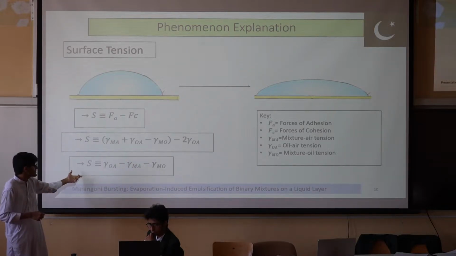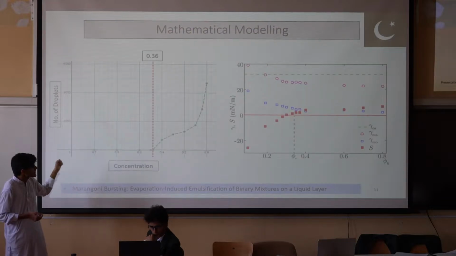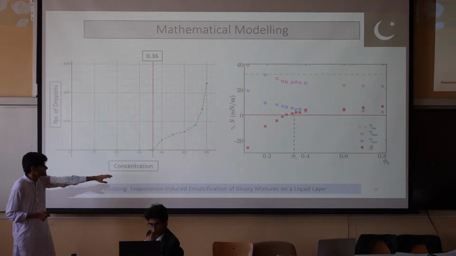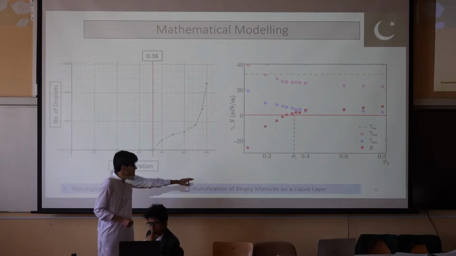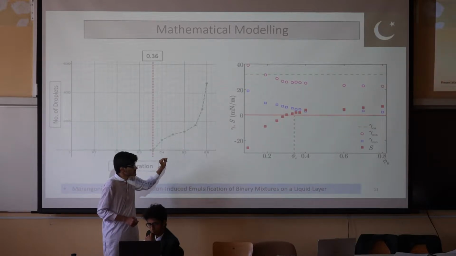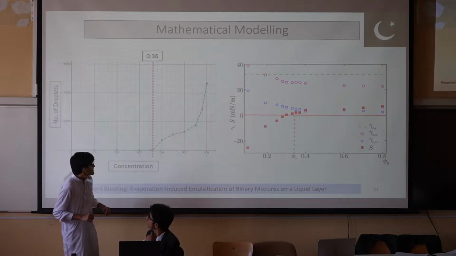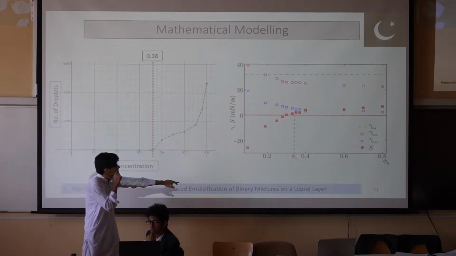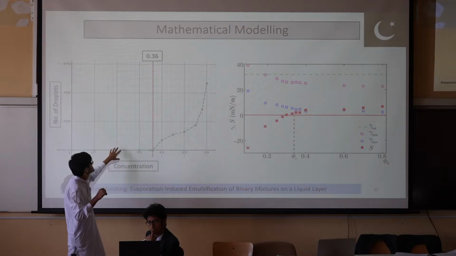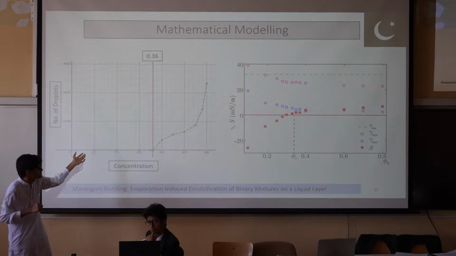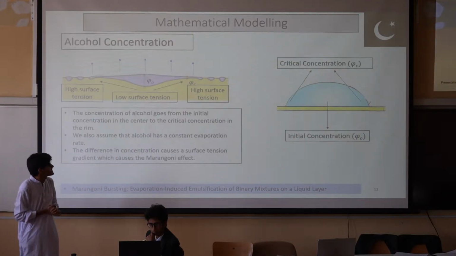And so this gives us this final equation. And so as you can see from this graph that was taken from literature, this phenomenon only takes place when the spreading parameter is a non-zero value, which according to literature was at 0.35, and it's pretty close in our actual experiments as well. Next slide.